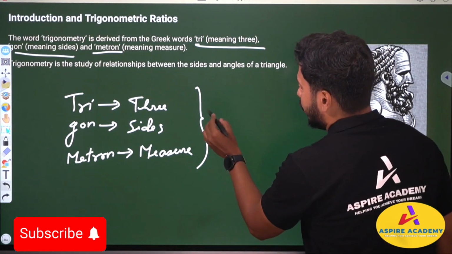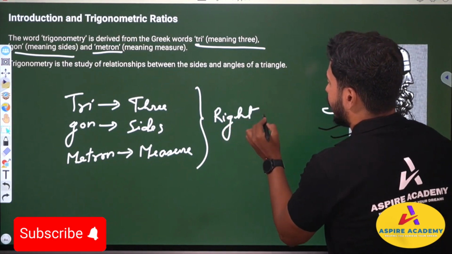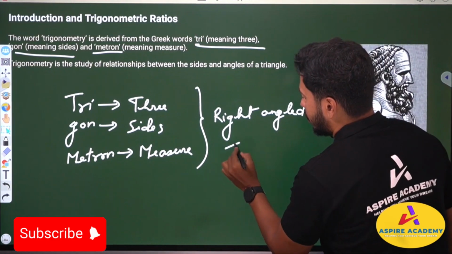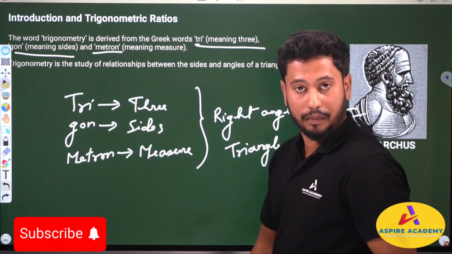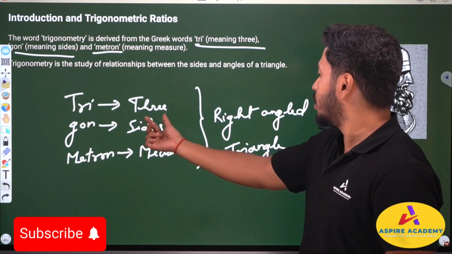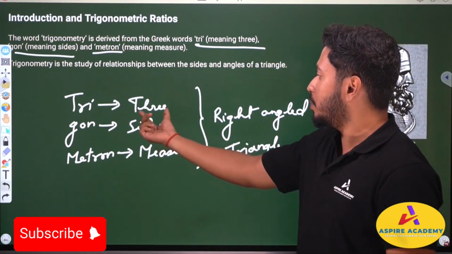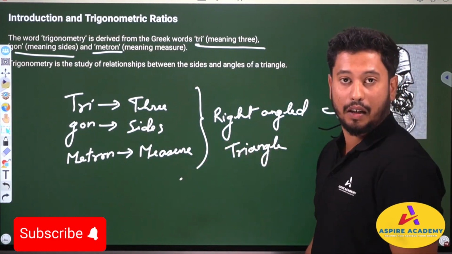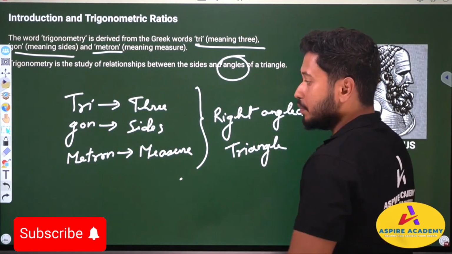The type of triangle will be a right angled triangle. So trigonometry concludes the relationship between the measure of 3 sides of a right angle triangle with respect to angles.